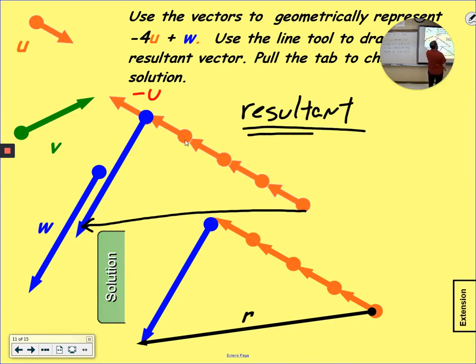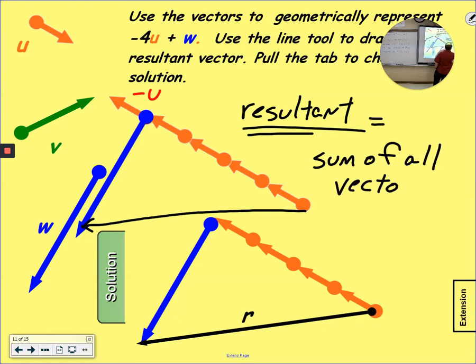So the resultant would be the sum of all your vectors. If all those vectors happen, this is the result. Keep in mind, forces are vectors. The forces have both direction and magnitude. Also keep in mind, what happens in the x does not affect what happens in the y.